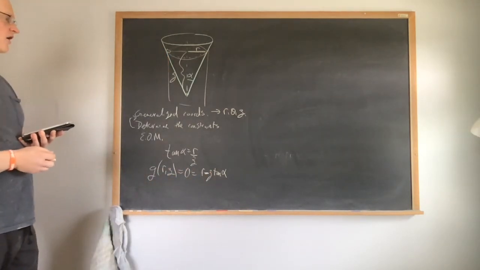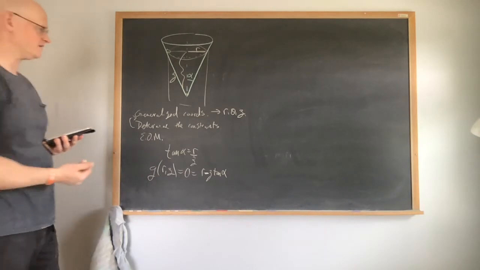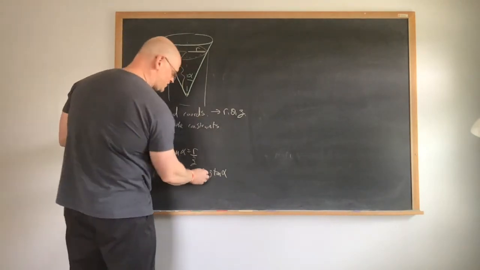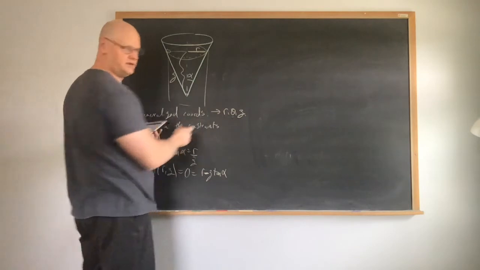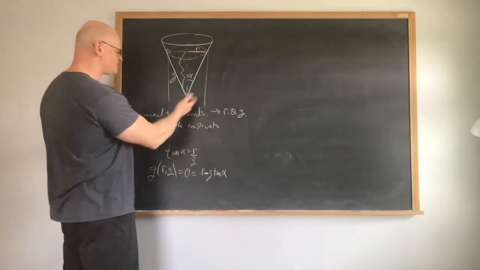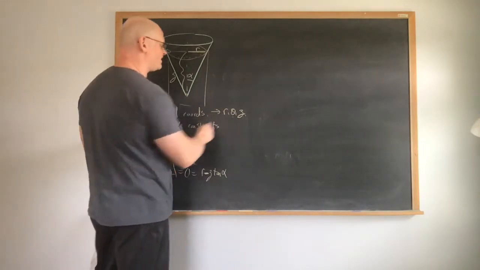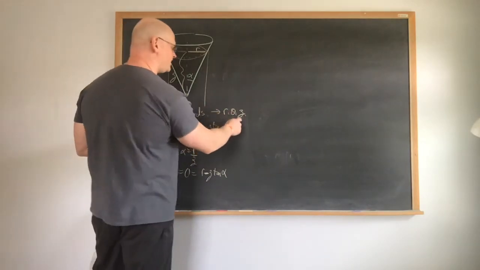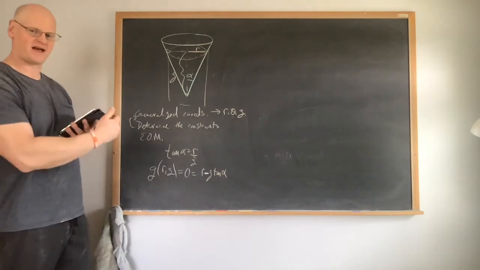z and r are not independent from each other, which means that ultimately there are only going to be two generalized coordinates. So either I can express my system in terms of r and theta, or in terms of theta and z.